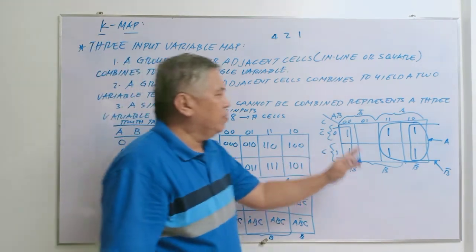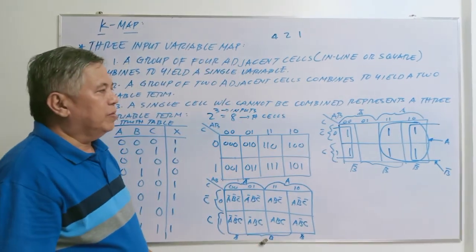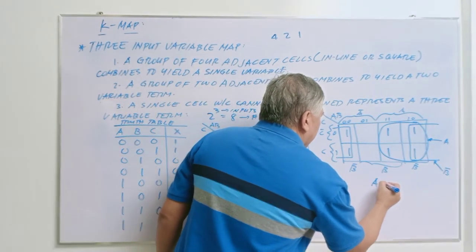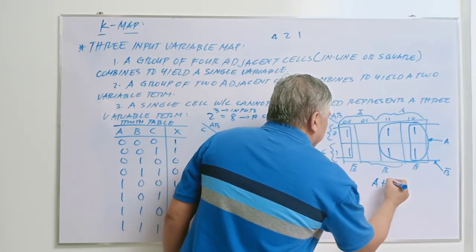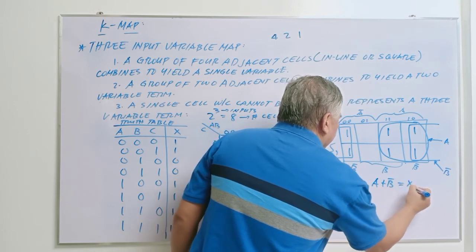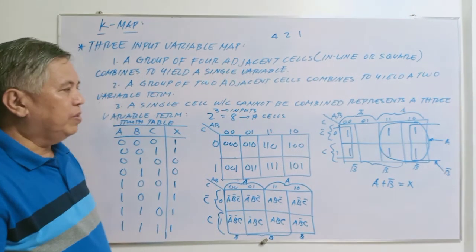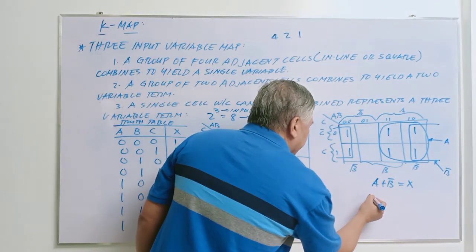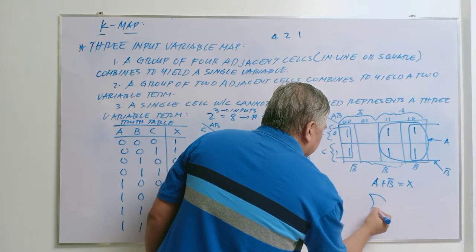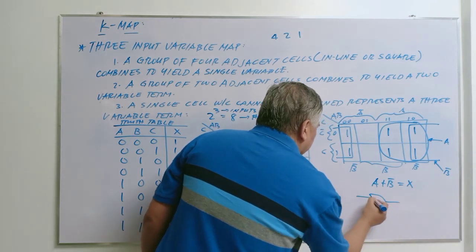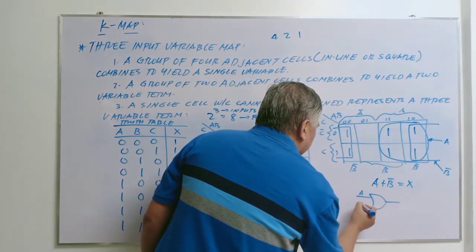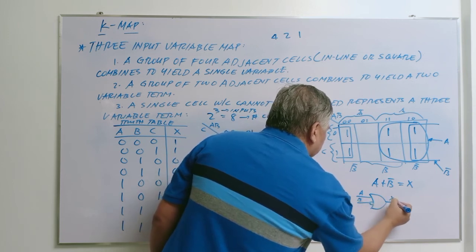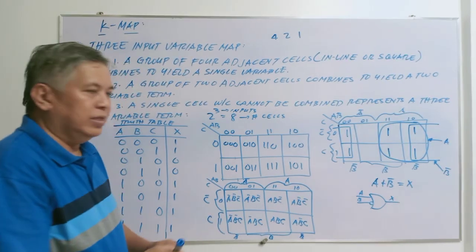So that will be our variable terms. So what will be our equation? The equation will be A plus B complement is equal to X. That will be our equation. So logically, we can represent that with an OR gate. We have input A and then input B complemented, so that becomes your X. Okay?